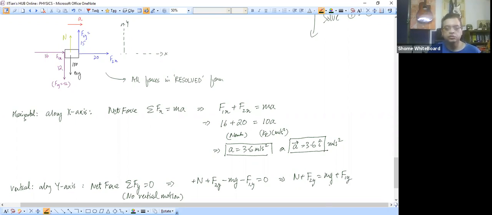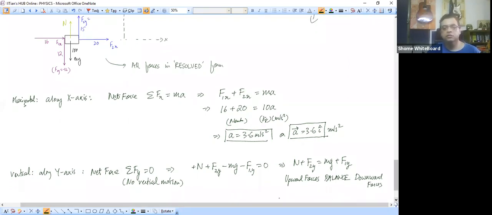So this is showing that the upward forces balance the downward forces. What this is telling us next is that N plus 15 should be equal to 100 plus 12.